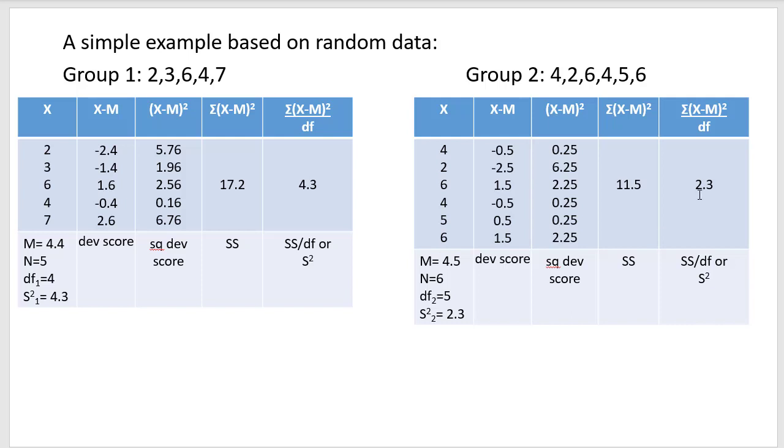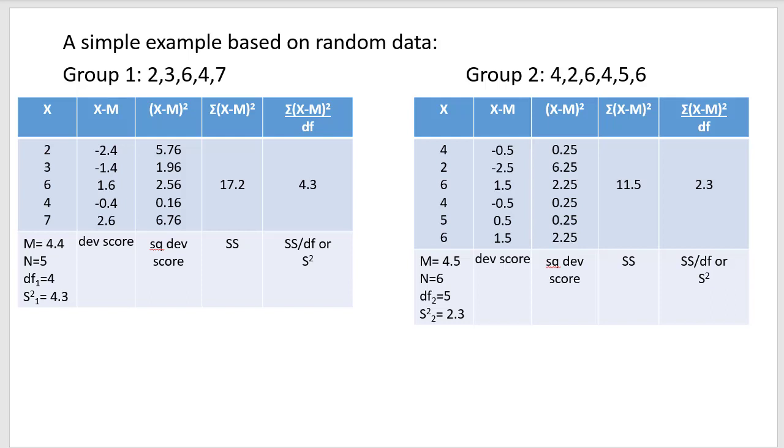So we found some information about the sample: a mean of 4.5, number of 6, degrees of freedom, which is n-1, equals 5, and an estimated population variance for group number 2 equal to 2.3. As you can see right away, the variance in group 2 is different than the variance in group 1. The means are relatively close, but we'll see if that makes a difference.